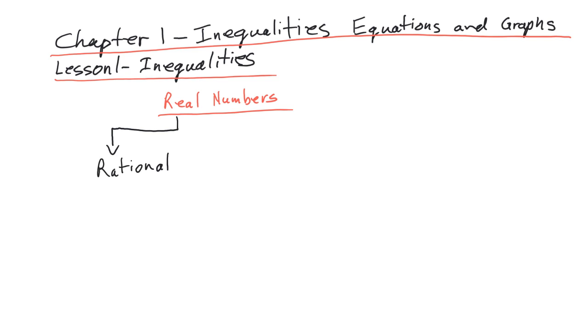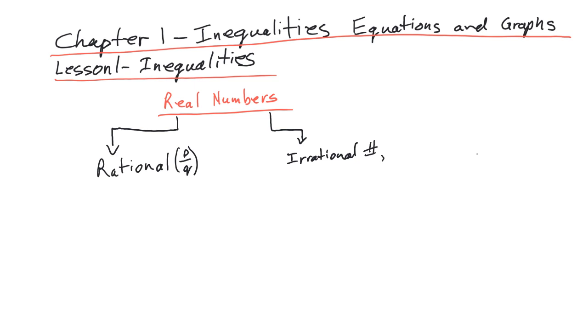And rational numbers are of the form P over Q, i.e. fractions, and irrational numbers. Now, irrational numbers are numbers that cannot terminate or cannot be represented by a fraction.